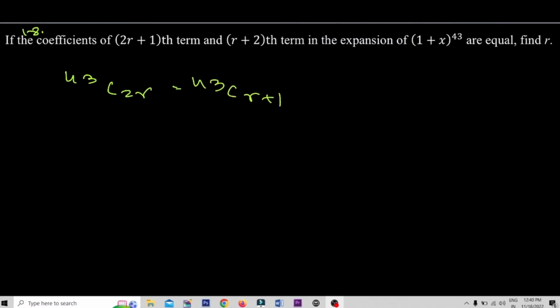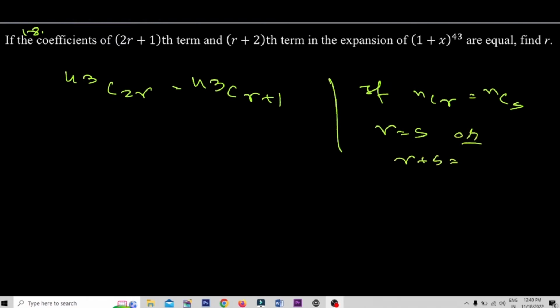So nCr equal to nCs, we can write this as the same thing. Once again, if nCr equal to nCs, therefore r equal to s or r plus s equal to n. Actually nCr equal to nC(n minus r), this is the concept. So we can write this as either 2r equal to r plus 1, or 2r plus r plus 1 equal to 43.